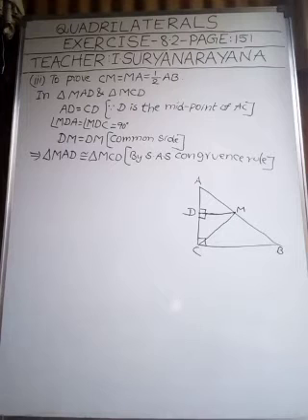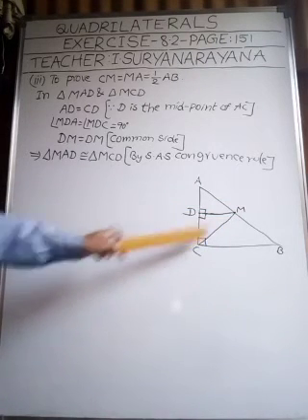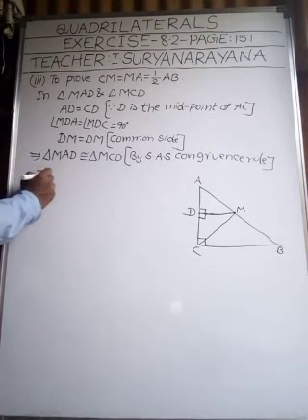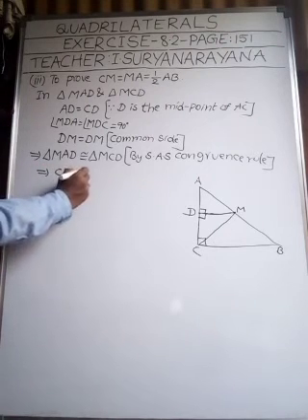Then automatically MC, or CM, is equal to MA. This implies CM is equal to MA by CPCT.